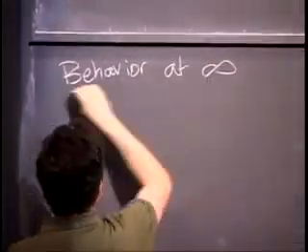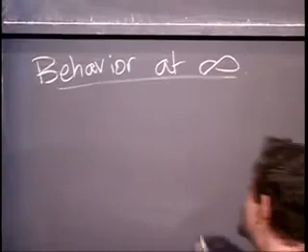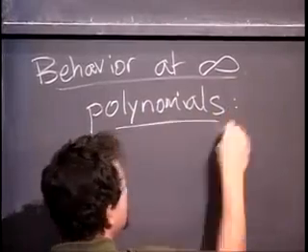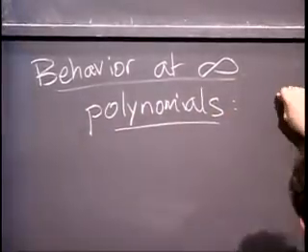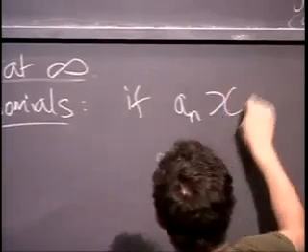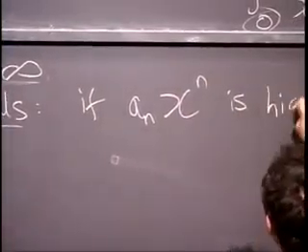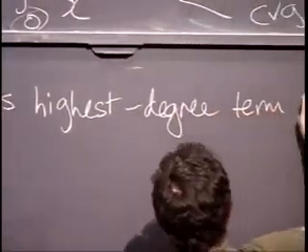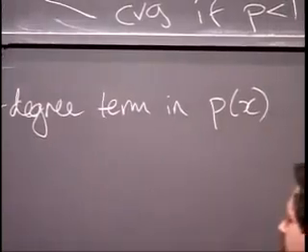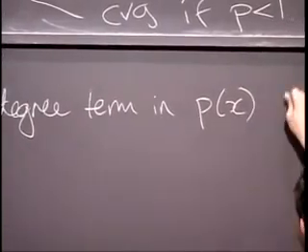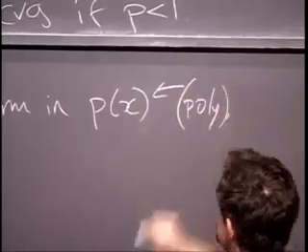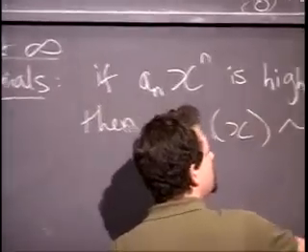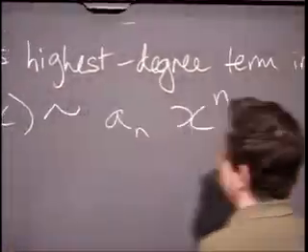Now, I already spent a lot of time last time on polynomials. So I'm just going to summarize this and remind you that if a_n x to the n is the highest degree term in some polynomial, where this is a polynomial, then p of x twiddles its highest degree term as x goes to infinity.